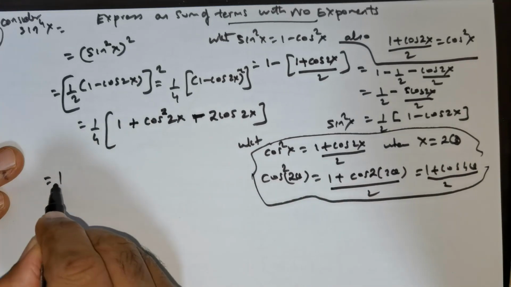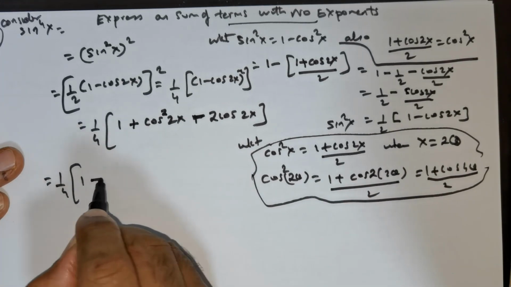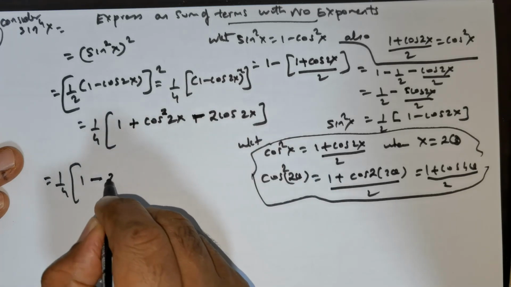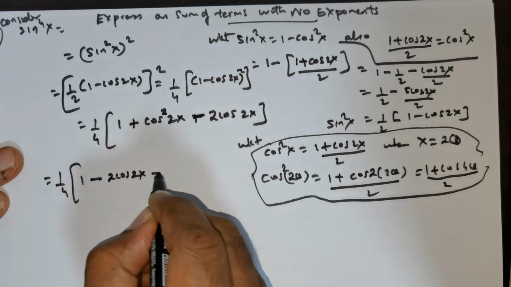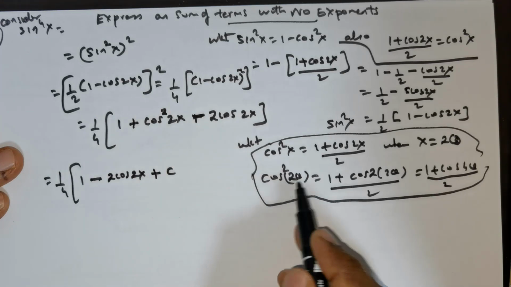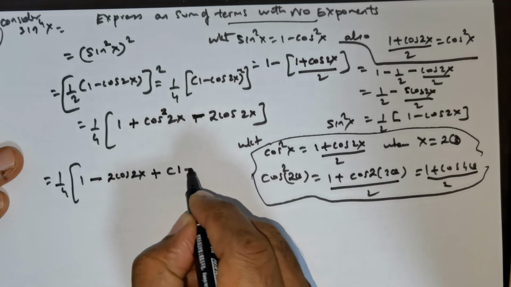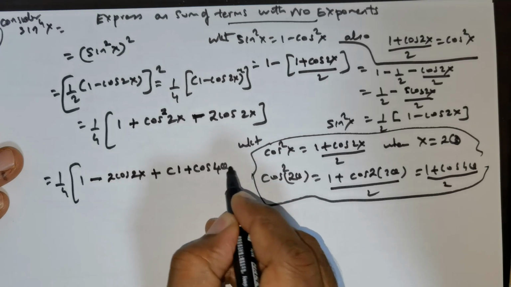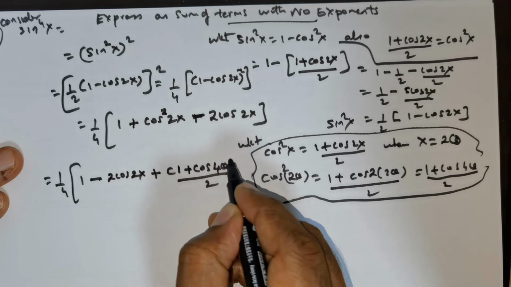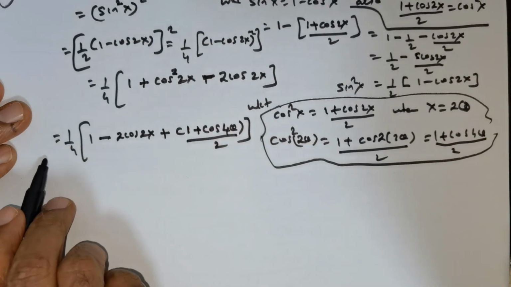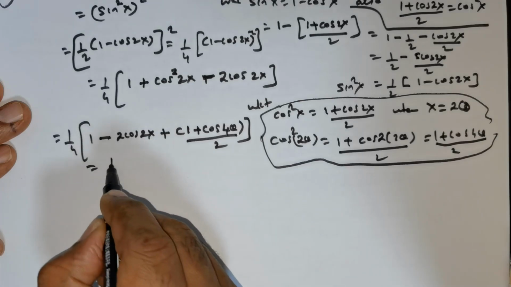So this is equal to 1 over 4, 1 - , this is without exponent, so you can write that out first, followed by cos squared 2x. Cos squared 2 theta is this, so this is 1 + cos 4 theta divided by 2. Right? Now you can bring this 1 over 4 inside.